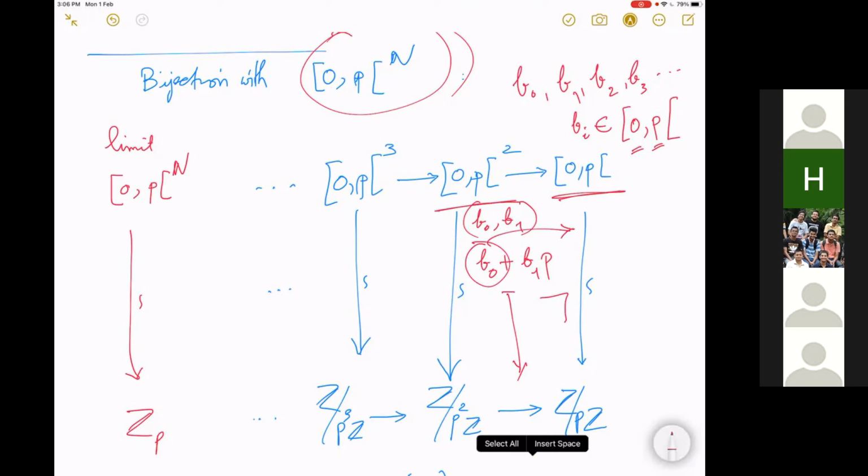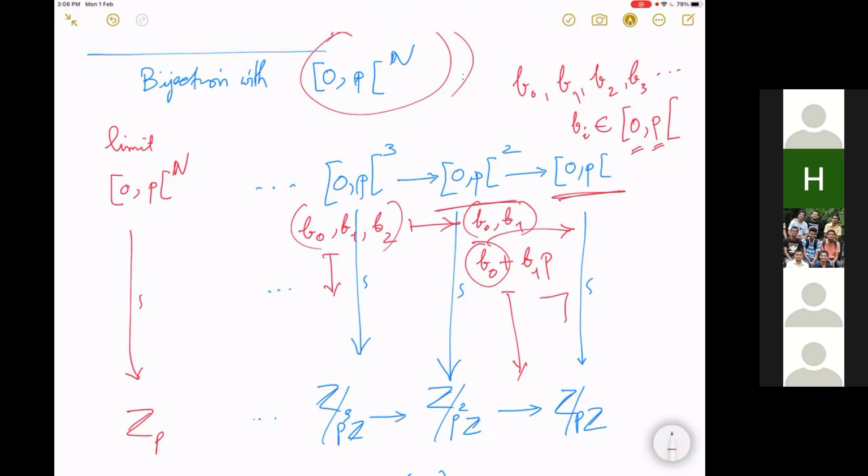Similarly, I have this map from here to here. It's a map B0, B1, B2 goes to B0, comma B1. And here it goes to the image of, sorry, I'm looking at the chat now to see if, no, everything is fine.